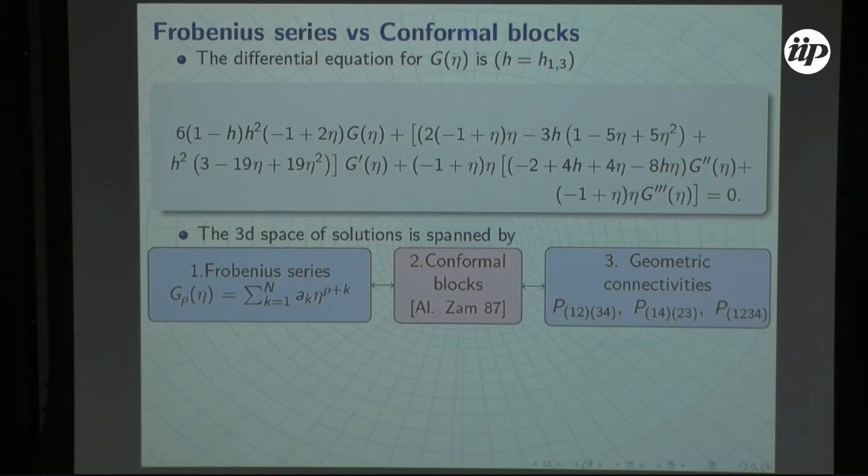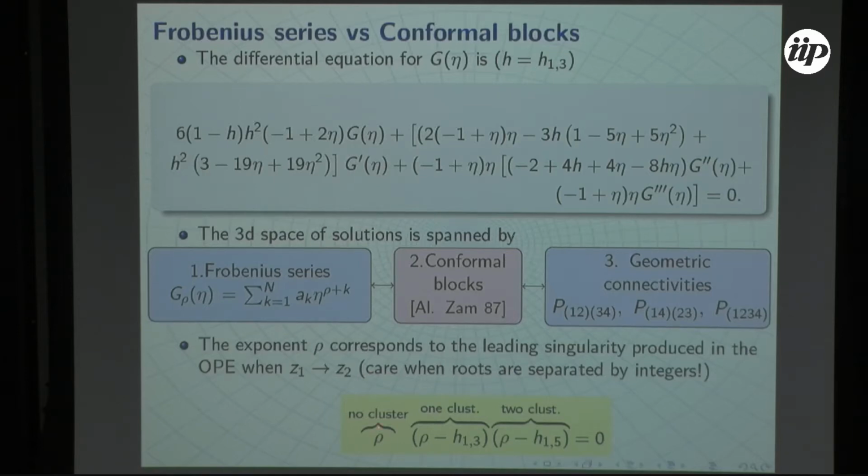And these solutions are conveniently written in terms of conformal blocks, which are the algebraic objects that solve the differential equation. So the game is to try to change the basis, to go from this basis, the solutions of the linear differential equation in terms of the blocks, to the geometrical basis. This you can do in a partially rigorous, partially heuristic way.